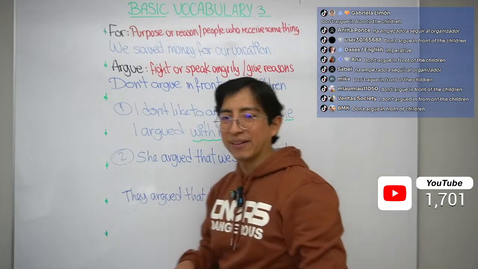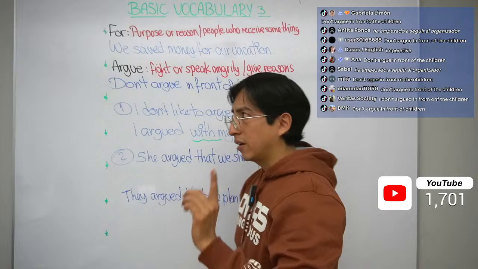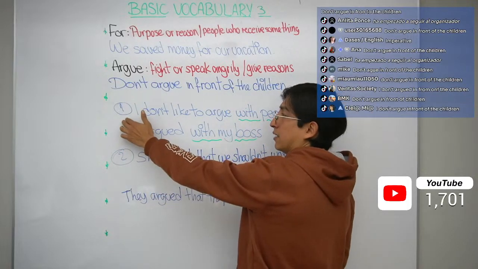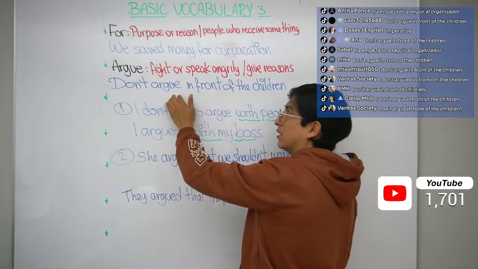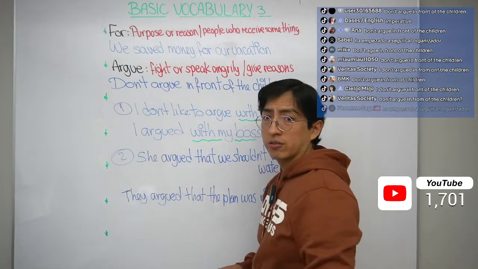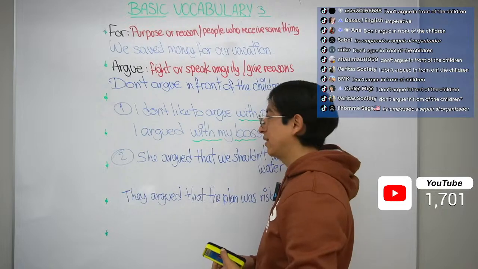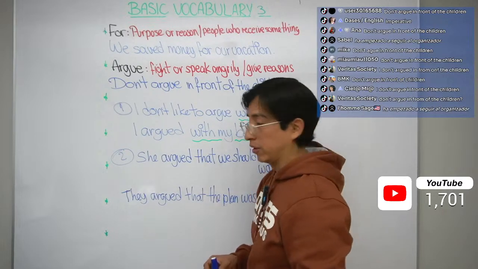Okay, guys, very good. Argue here has the first meaning, okay? Don't fight or don't speak angrily in front of the children. Very good. Let's continue with the next word.